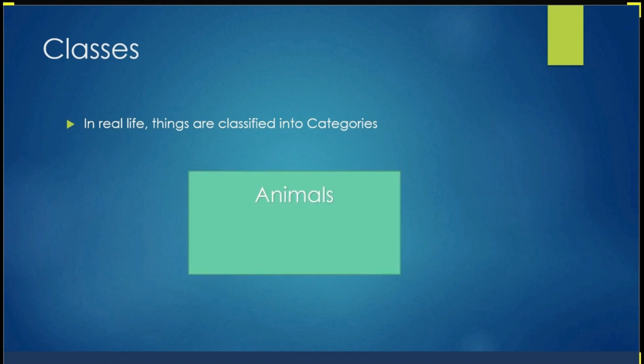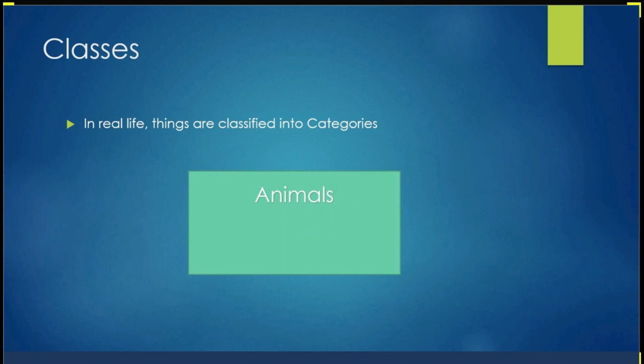For example, we can look at the animal kingdom, and we are not really going to use any scientific terms here. I don't really want this to be a science video. We are not going to use terms like genus and species and things like that. I want you to understand that animals are a particular category of thing.